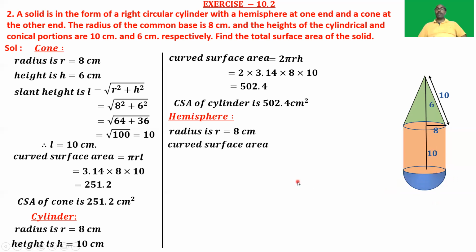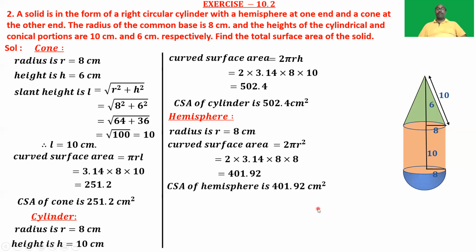So its curved surface area is 2 pi R square. By substituting R is equal to 8 and pi is equal to 3.14, we get 401.92. So the curved surface area of the hemisphere is 401.92 centimeters square.